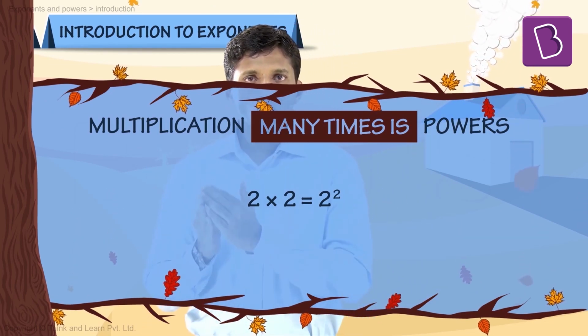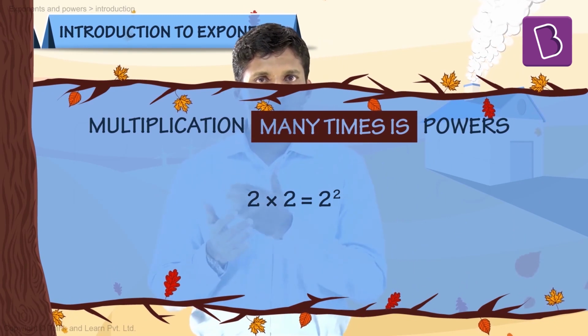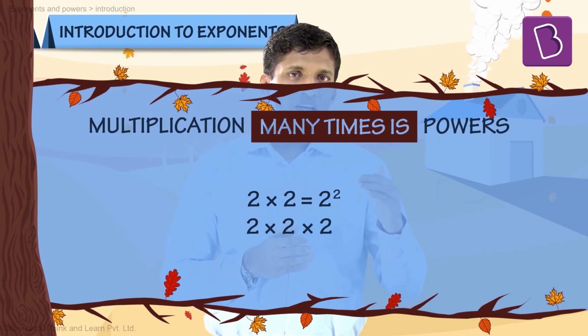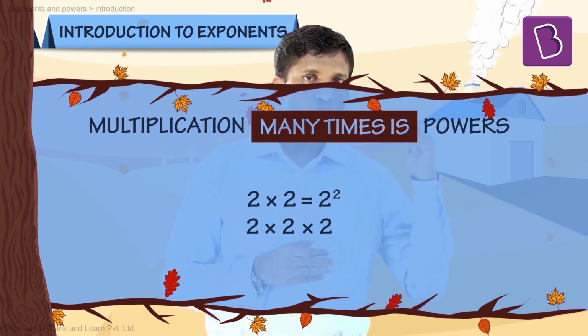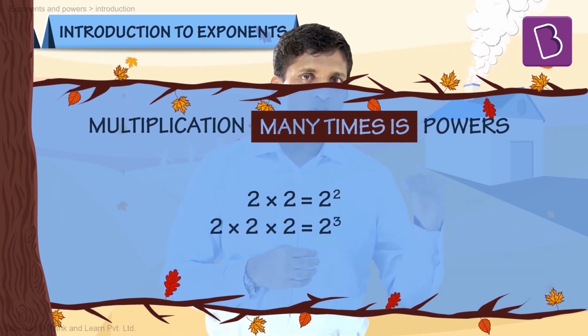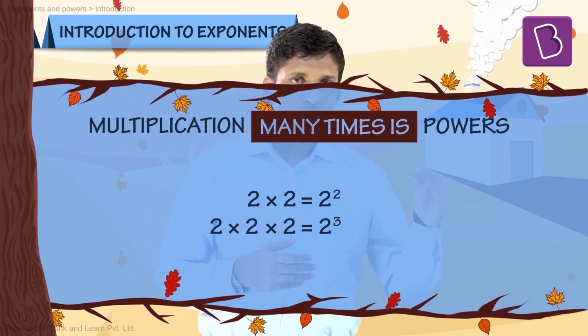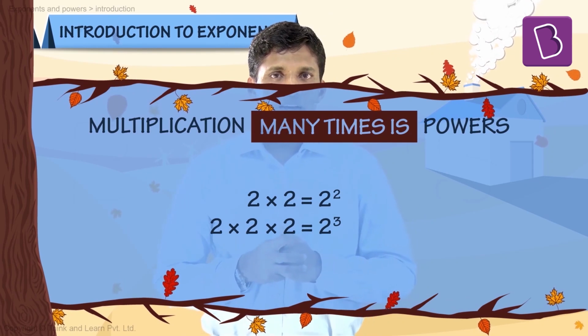Now, 2 multiplied 3 times, how do I write using numbers? 2 into 2 into 2. In short, I can write 2 to the power of 3, which we can also call 2 cube. So all of you know what are cubes, but I can write this as 2 to the power of 3.